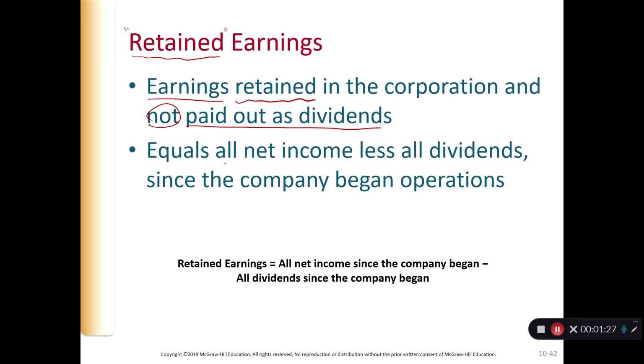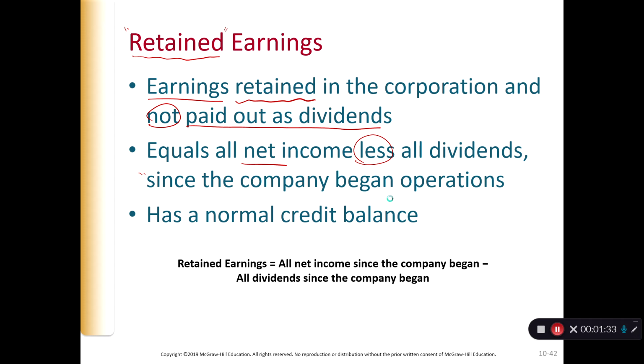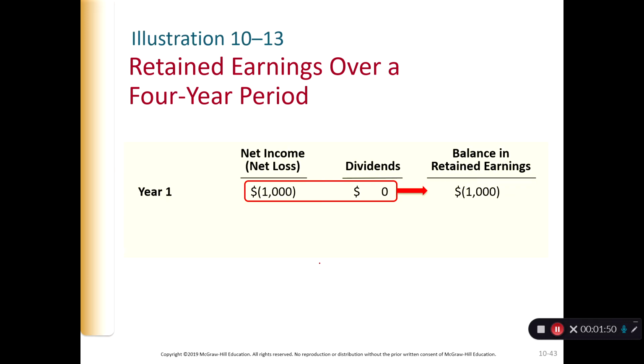It equals all the net income less all the dividends since day one of a company beginning its operation, and it usually has a normal credit balance. In other words, the balance in retained earnings equals all net income since the company began, minus all the dividends since the company began.